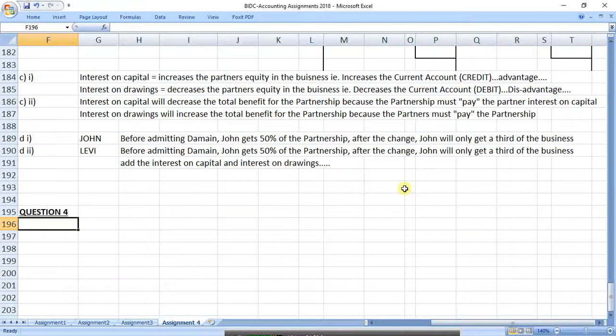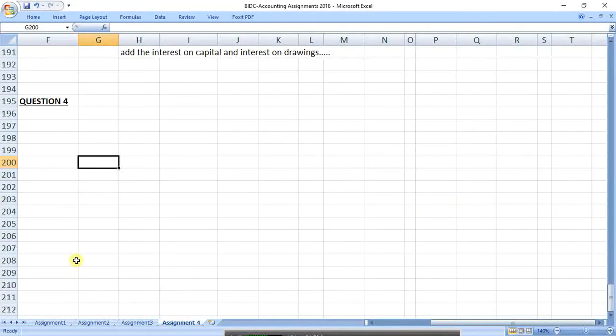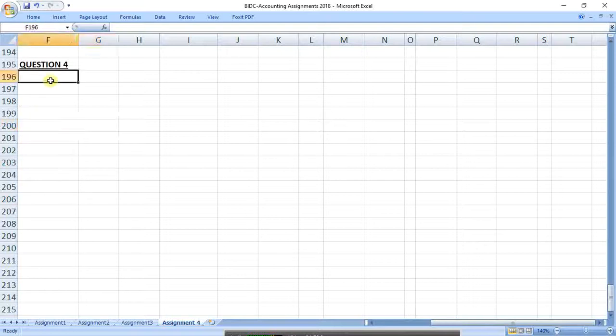Their summarized statement of financial position as at 30 September 2017 was. Is that important? Yes, very important. Remember, when you end a partnership, you need to revalue the assets, because you need to know how much A gets, how much B gets, and then they go their separate ways. That's what happens.